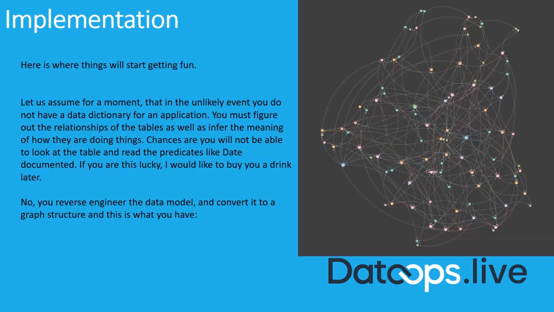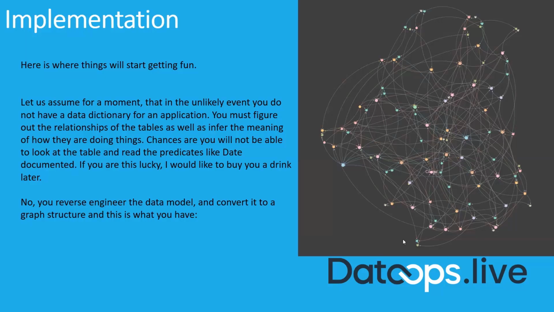So in the off chance that you have to go in and start working with a data model where it does not have a data dictionary, does not have good definitions, and does not have all of these other things, one of the things that you could do, and this is not the only way, but this is the way that I tend to approach it, is to take your data model from an application and convert it to that data structure graph that I defined earlier.